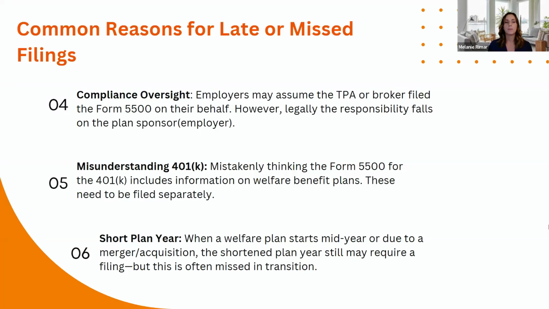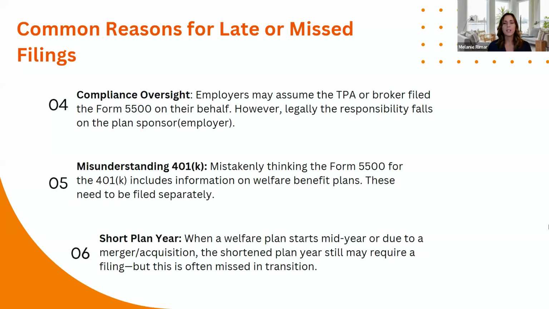Some other reasons for late filings: compliance oversight. Employers might assume that the TPA or the broker was going to file it. However, the responsibility will always fall on the plan sponsor or the employer to make sure that the 5500 is filed.